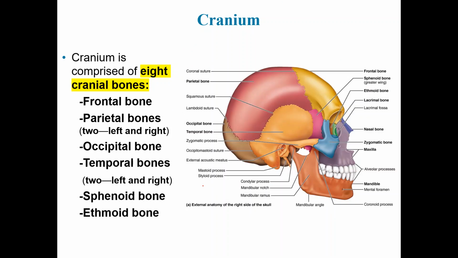Okay, this is an external view of the right side of the skull, and again, just to appreciate the points of connection of all the bones, how they come together. And again, you have to try to memorize.